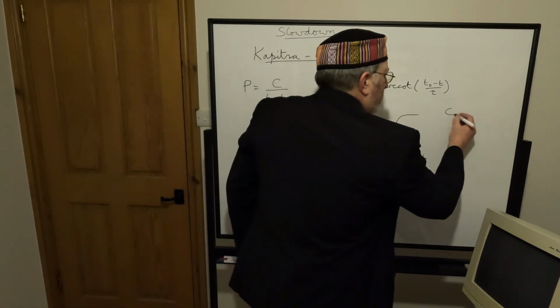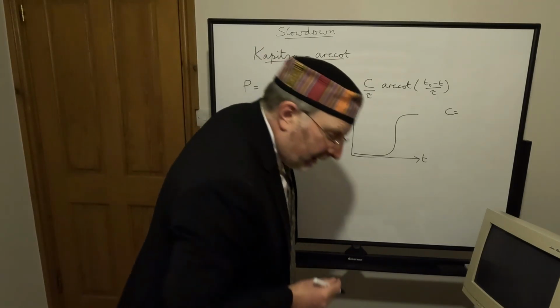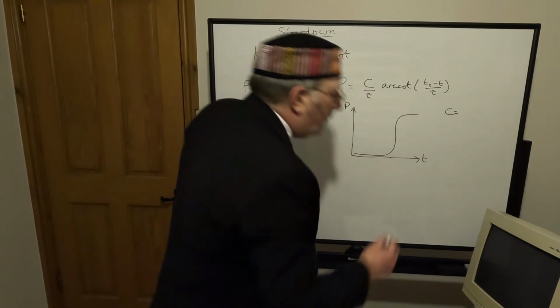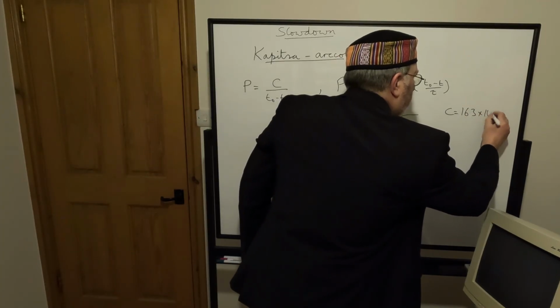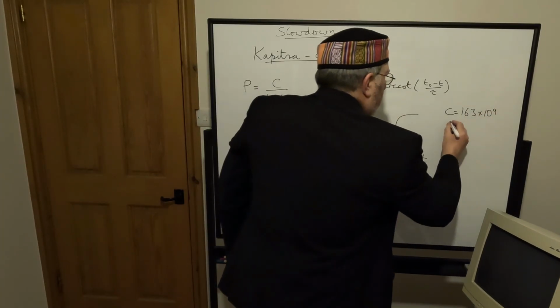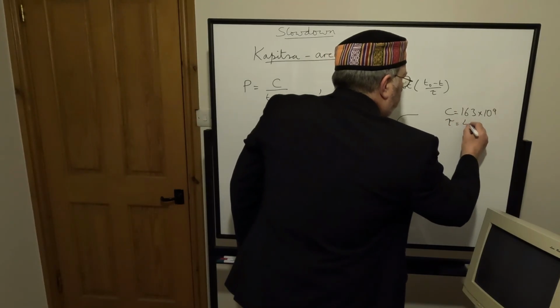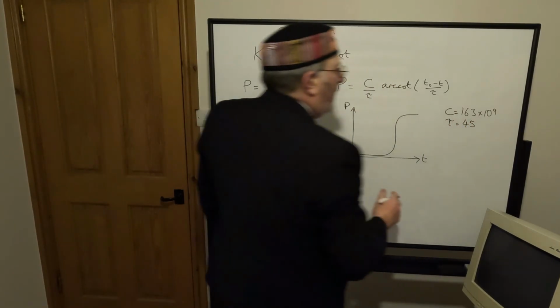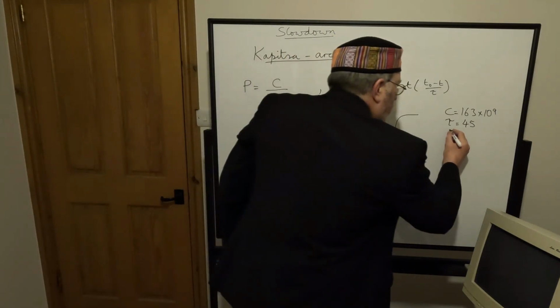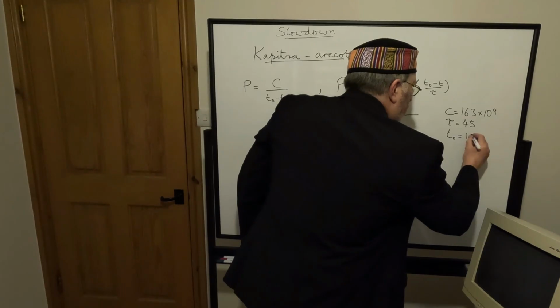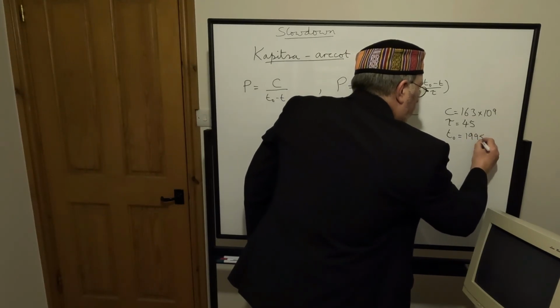And the specific values that we need to make that work is that C is 163 times 10 to the 9, tau is about 45 years if time is measured in years, and T0 he used 1995.